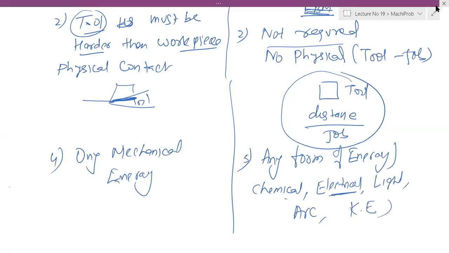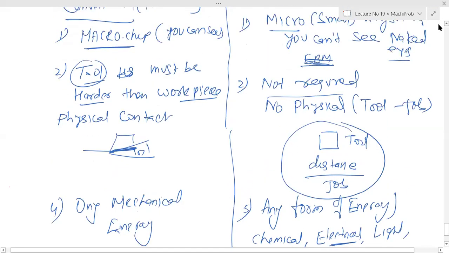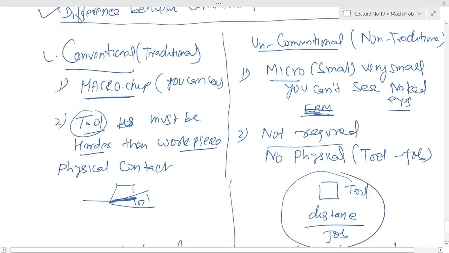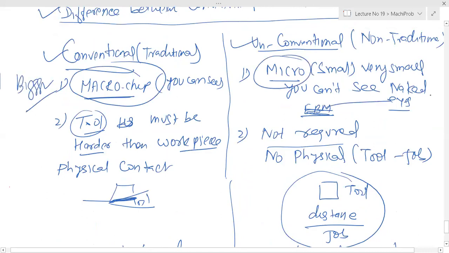So the basic difference between conventional and unconventional is, first, macro chip, bigger, and here it is smaller, microchip. You cannot see it with naked eyes. You can see the tool must be harder than the workpiece, right? No, and it is not required.